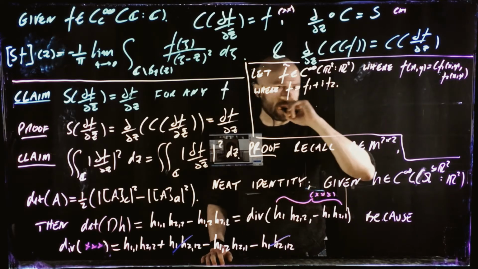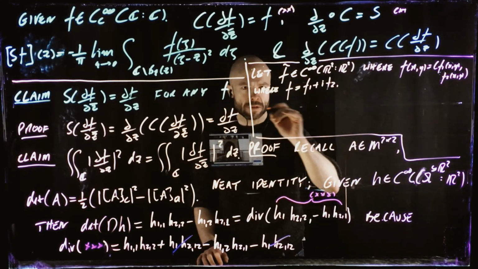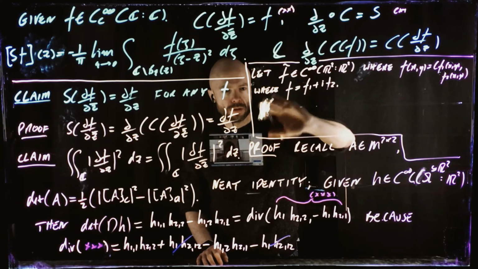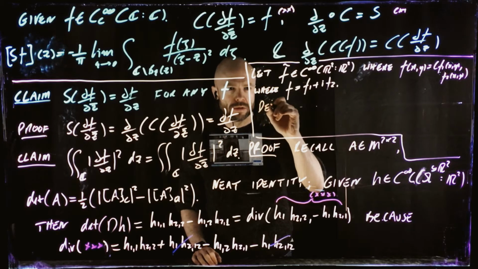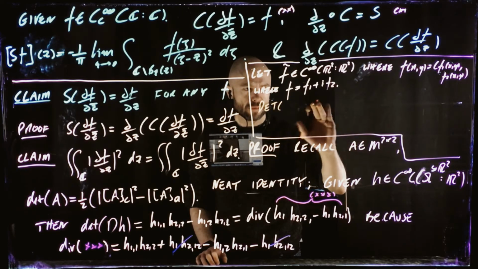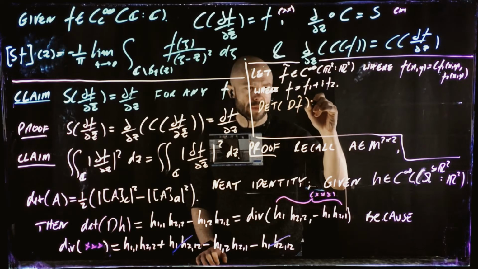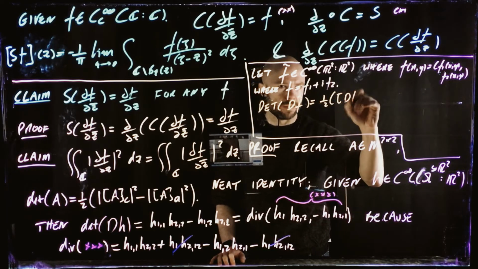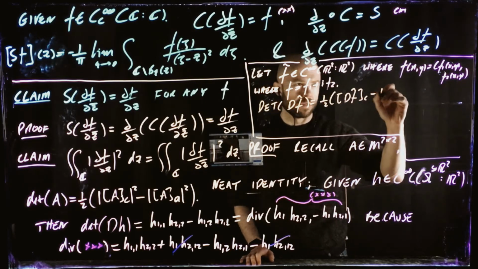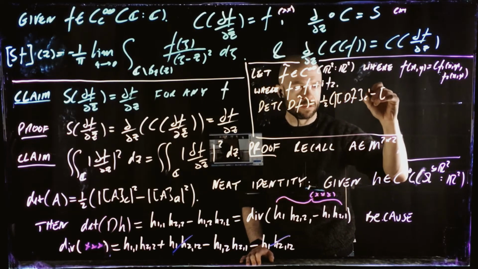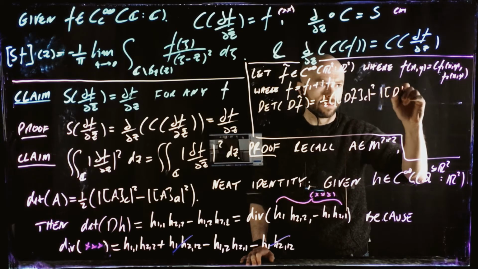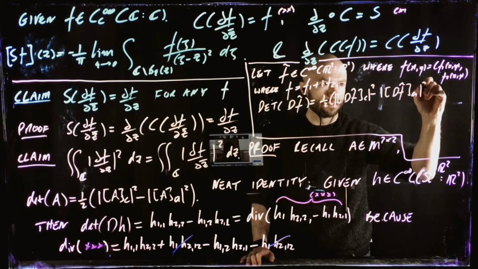Then what do we know? We know that the determinant of the gradient of F tilde, by this identity here, is a half times the norm squared of the conformal part of F tilde, minus a half times the norm squared of the anticonformal part.